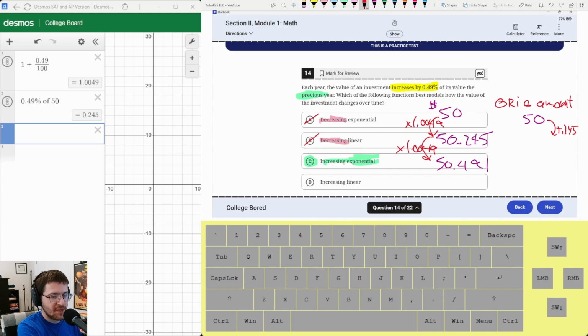Even though increases kind of sounds like it should be multiplication, increase can also be used to refer to addition. So 50 plus 0.245, I would get 50.245. And then if you do it again, we get 50.49, and you see that's going up by a constant amount. So pay really close attention. If you see previous year, it's probably exponential. If you see percent of the original amount, it's probably linear.